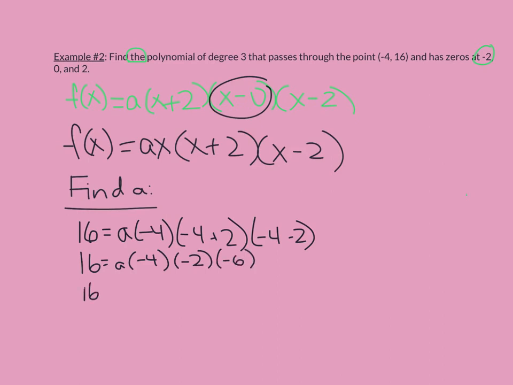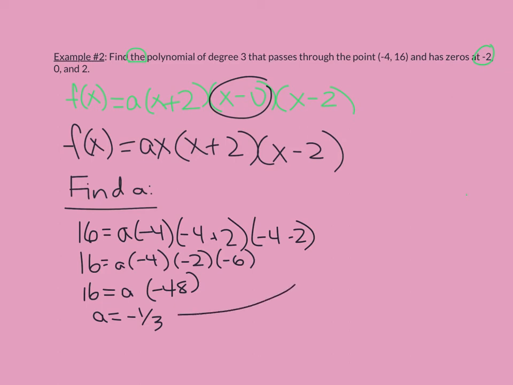Then when I multiply it out, I get 16 is equal to a times 8 times -6, which gives me -48. And so if I divide both sides by -48, I should end up getting a equals -1/3. So it's not a really nice or pleasant number, but it is going to give us our exact answer.